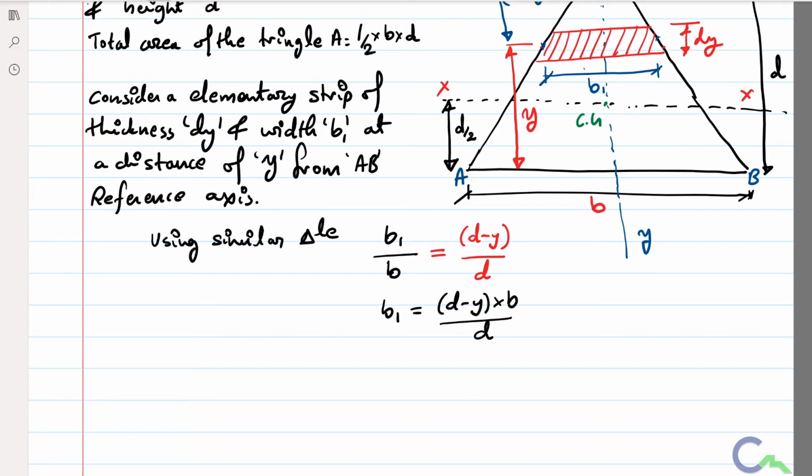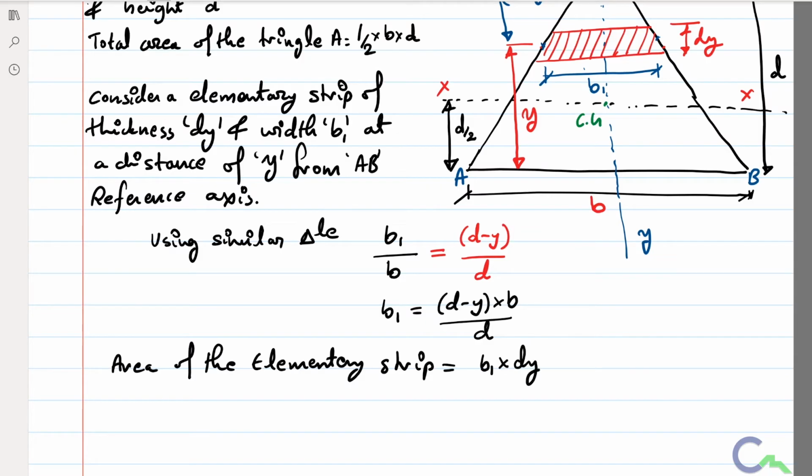After this, I want to find the area of the elementary strip. The area of the elementary strip is nothing but a trapezoid, so I can take b dash into dy, the width and depth of the trapezoid.